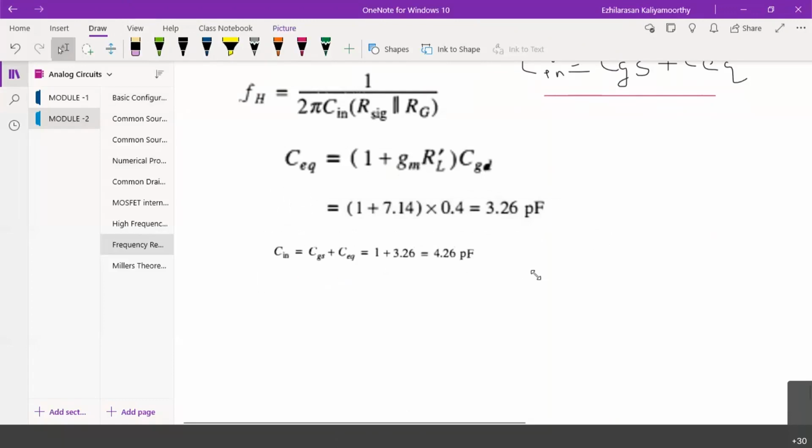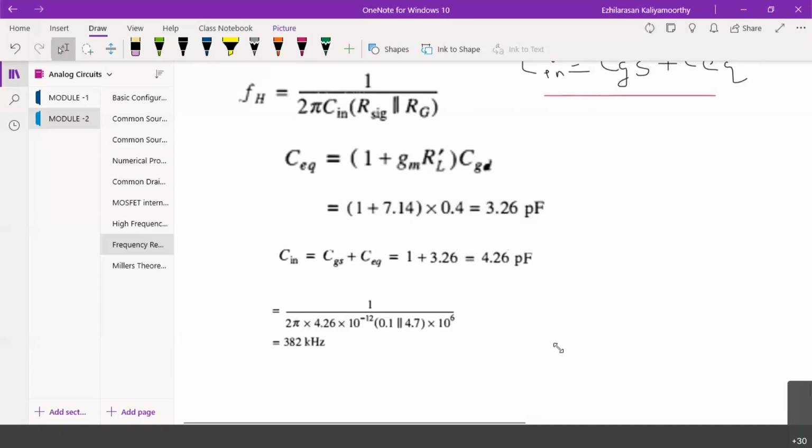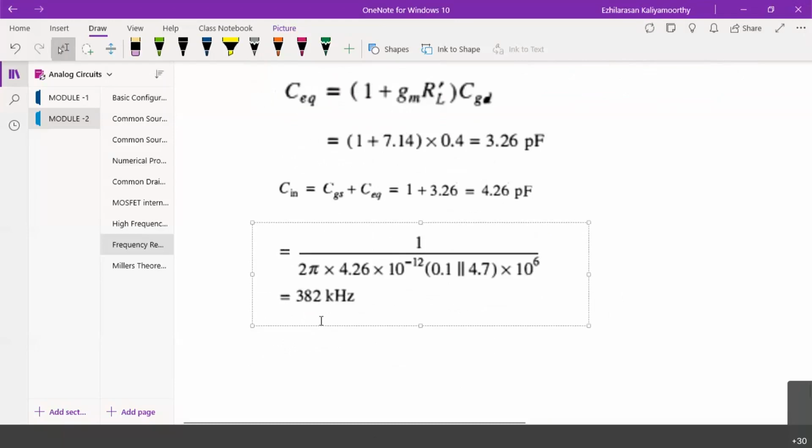So C in is CGS plus C equivalent, we got 4.26. Next, finally, we can calculate the FH. Substitute all the values over there, then we'll get FH as 382 kilohertz.